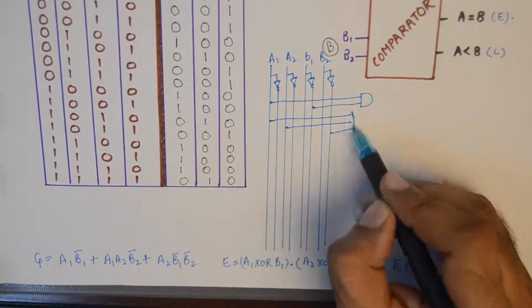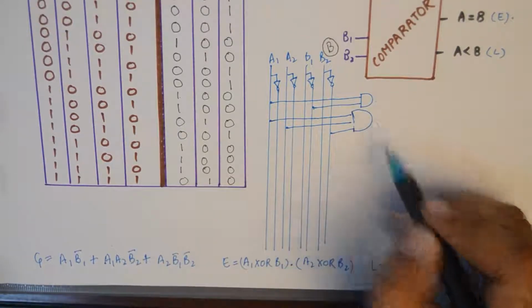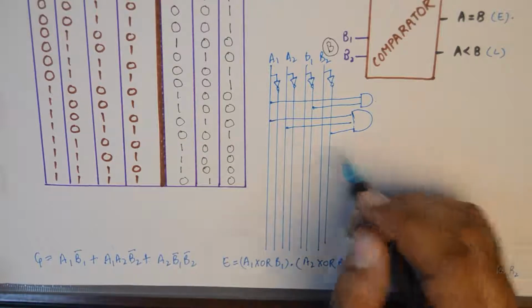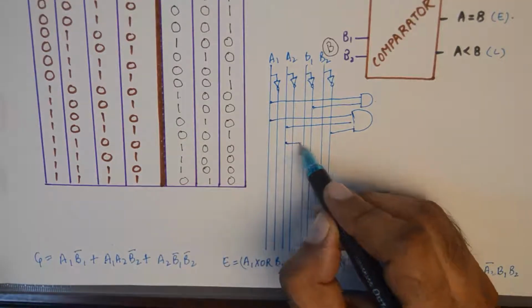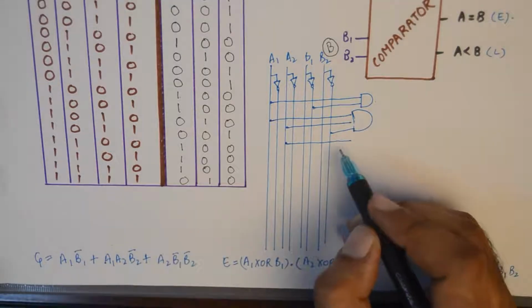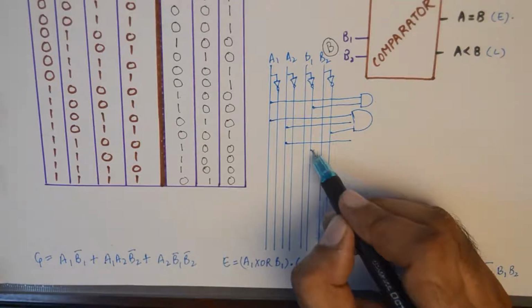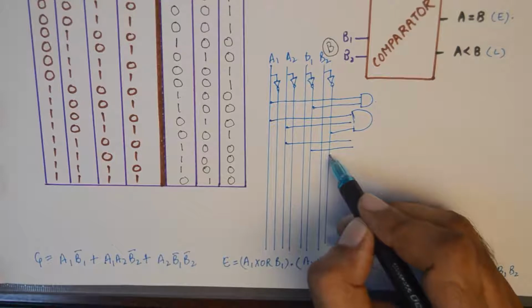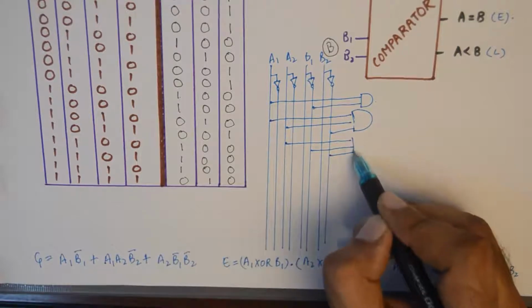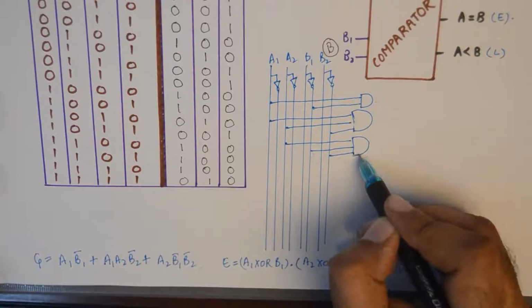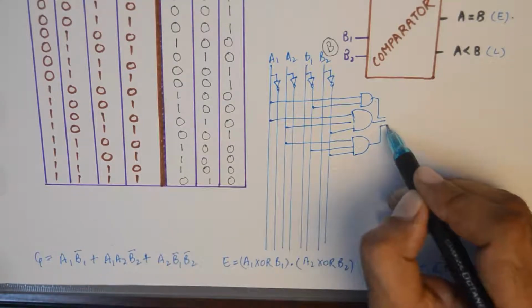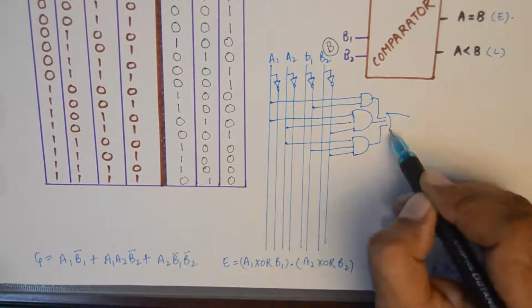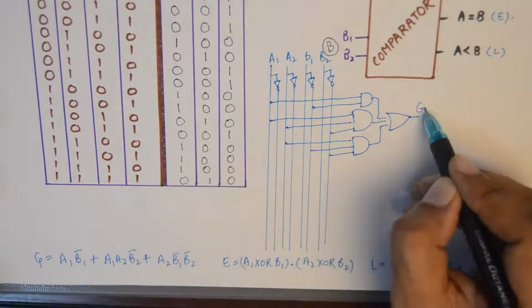I'll multiply them using an AND gate. Then I take A2, B1 bar and B2 bar, and summing all these product terms using an OR gate will give me G.